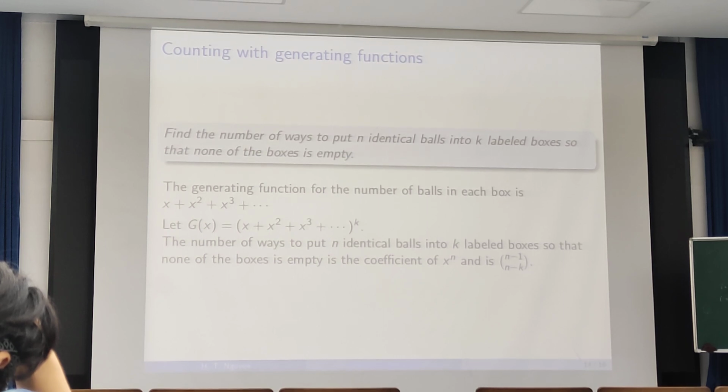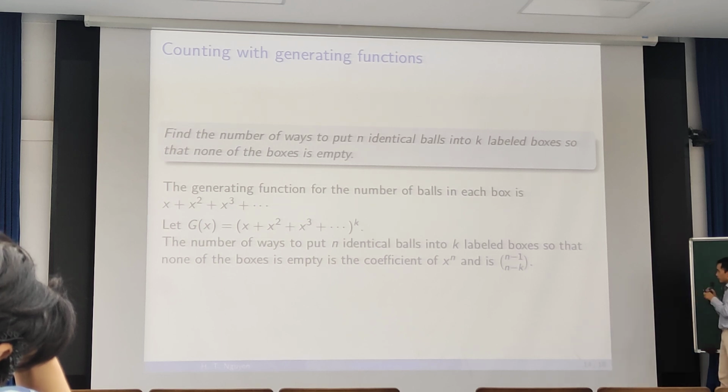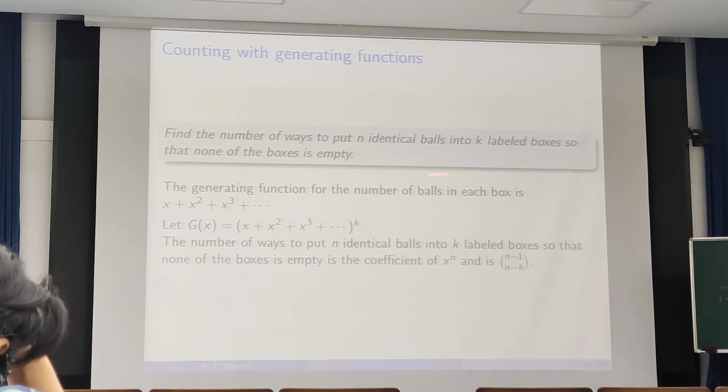With I equal to n minus k, we get n minus 1 choose n minus k, which is this number. You can see that in combinatorics, you can have many ways to solve the same problem.